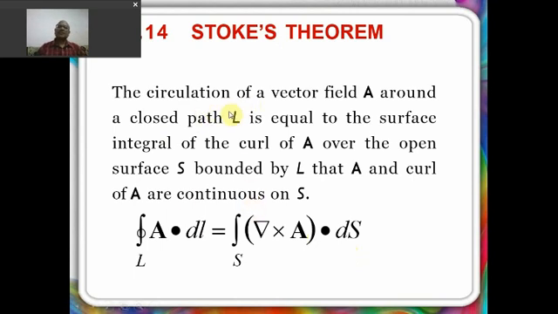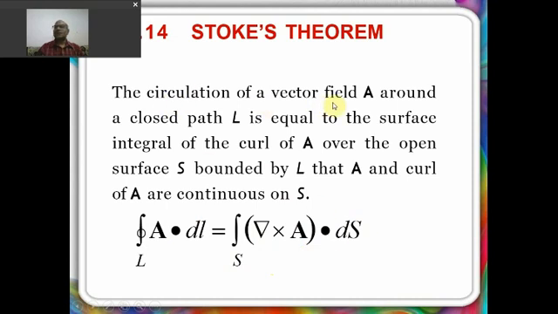The Stokes theorem basically is a relation. It relates the line integral with the surface integral, and it simply says that if any vector field is available, then the line integral of that vector field will be equal to the curl of the vector field over the surface bounded by the closed path.